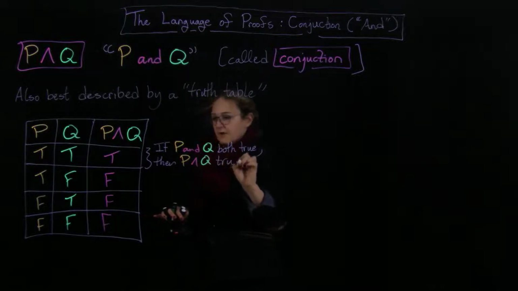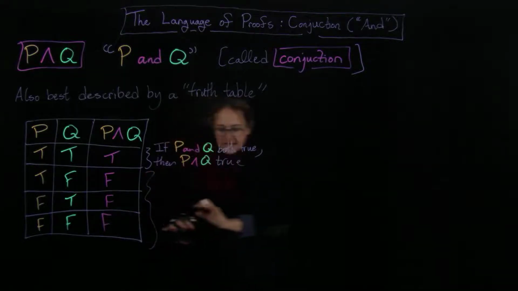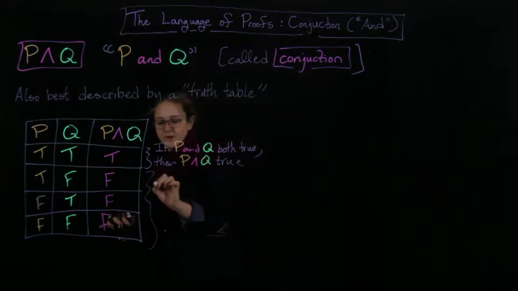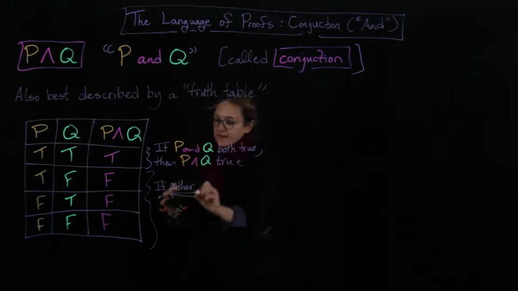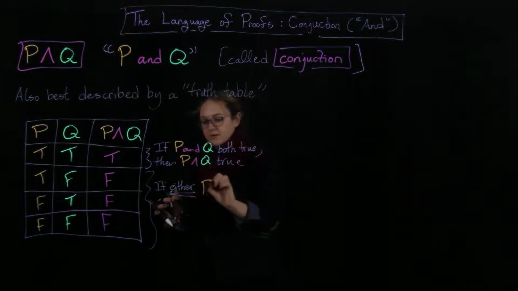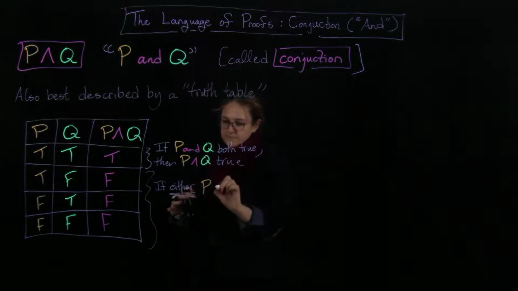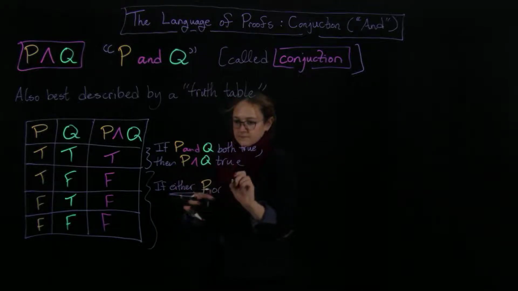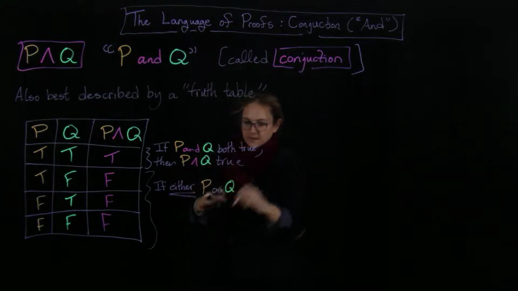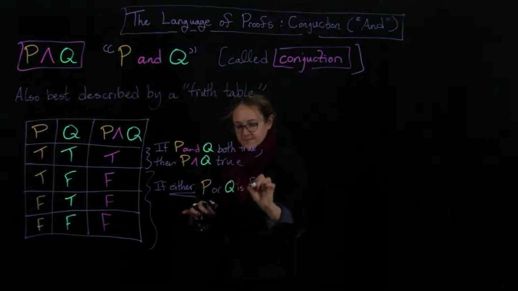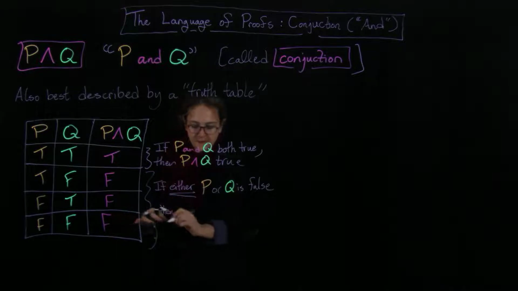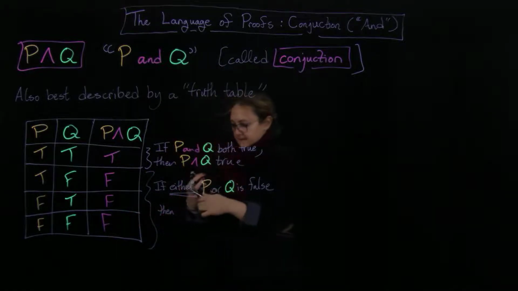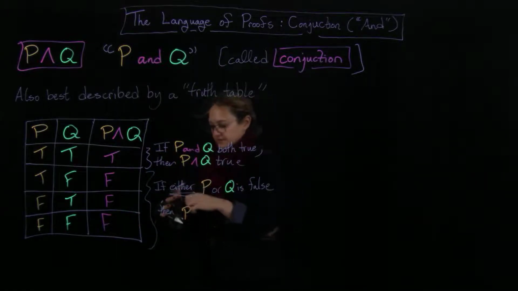And what all of the others are telling me is that if either P or Q is false, and we only need one of them to be false, then the and statement, the conjunction, is also false.